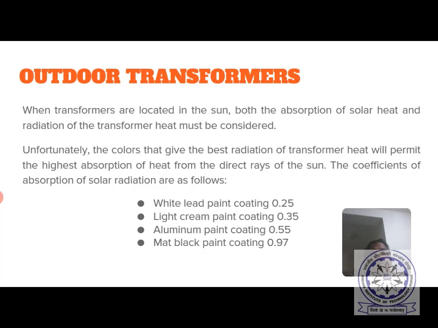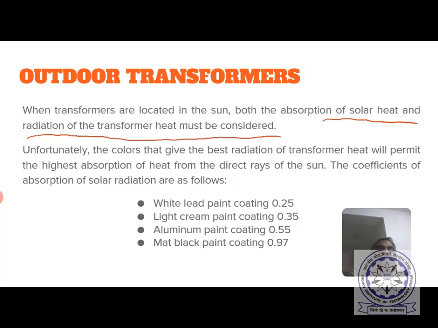But for an outdoor transformer, when transformers are located in sun, both absorption of solar heat and radiation of transformer heat must be considered. Both should be considered. See, one way, the black body absorbs the heat better, but it also radiates better. So if it is in shade where there is no scope for absorption, better radiation is required.